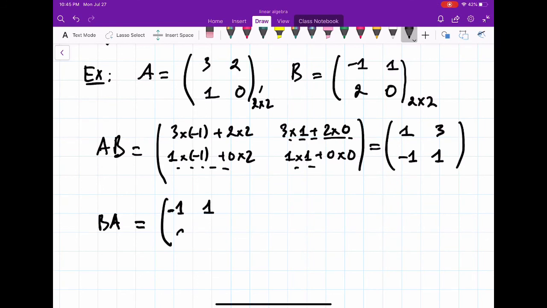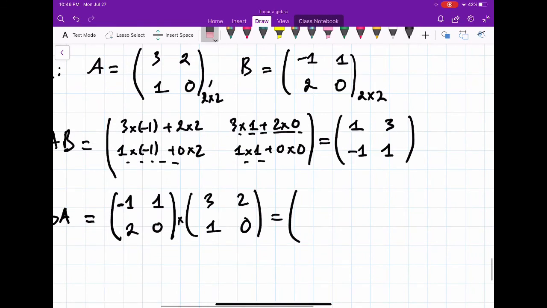It's -1, 1, 2, 0 in here, multiplied with 3, 2, 1, 0. And I have -1 times 3 plus 1 times 1. The second element is 2 times 3 plus 0 times 1.